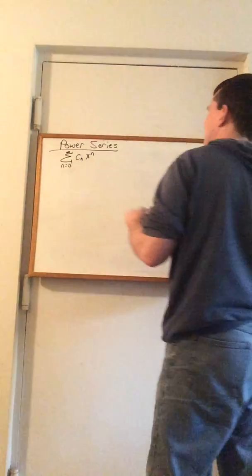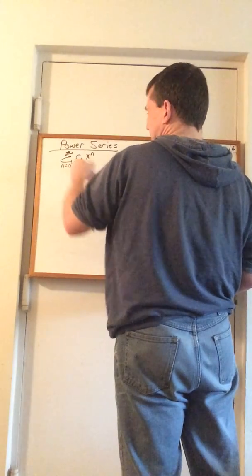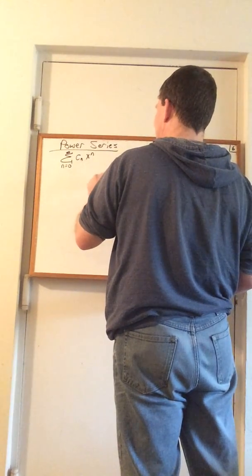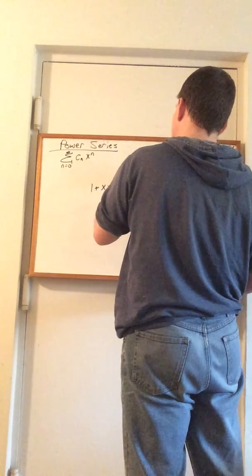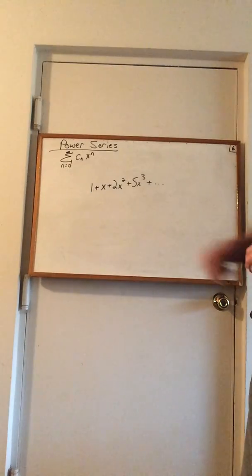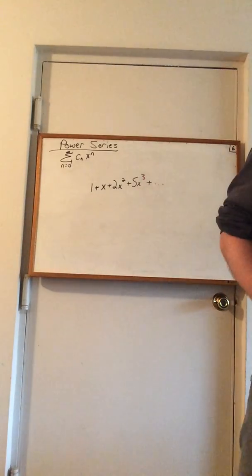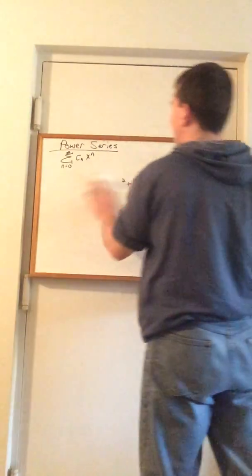So essentially something like 1, we know that's a sum, so 1 plus x plus 2x squared plus 5x cubed plus whatever, and on and on and on. Essentially a polynomial, which is how you would have viewed it in 171, but we're going to call them power series.